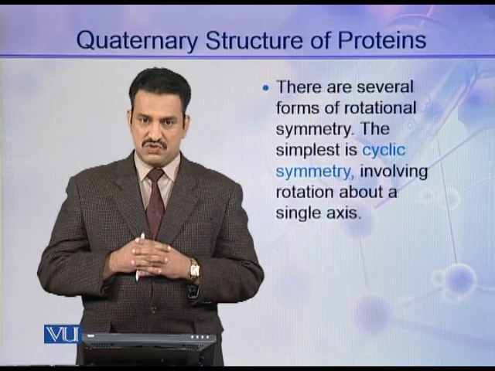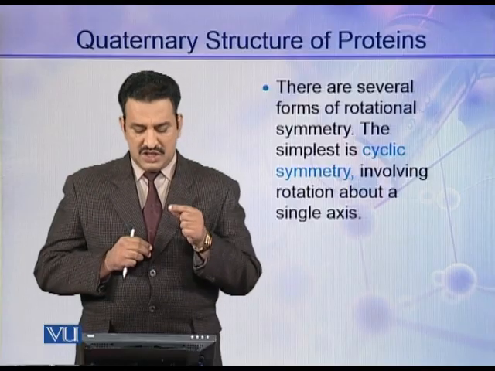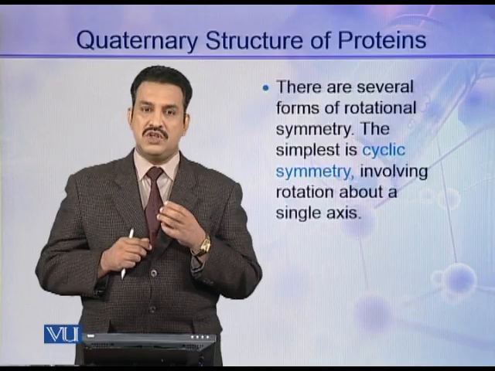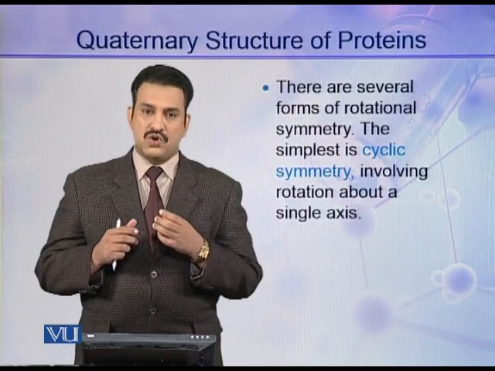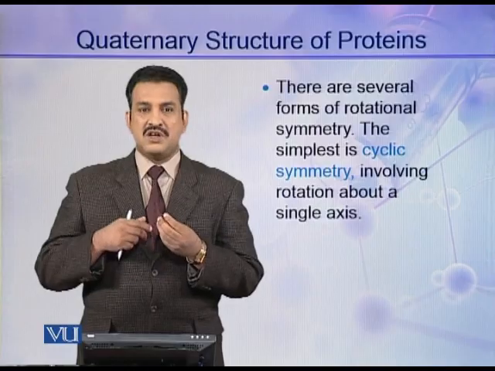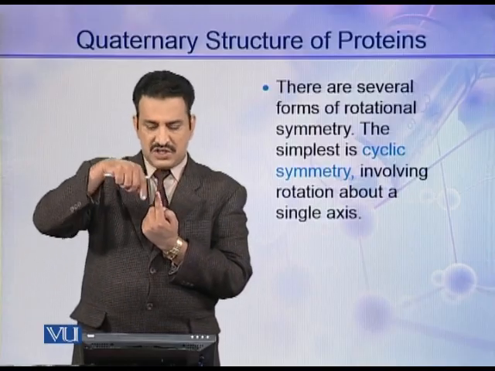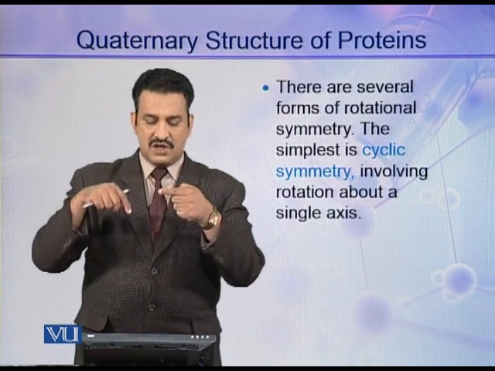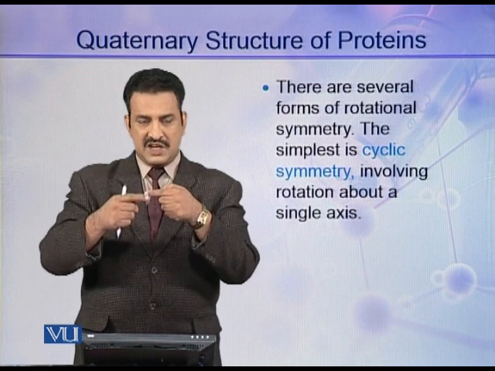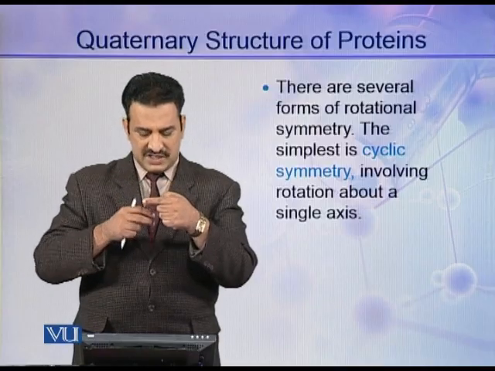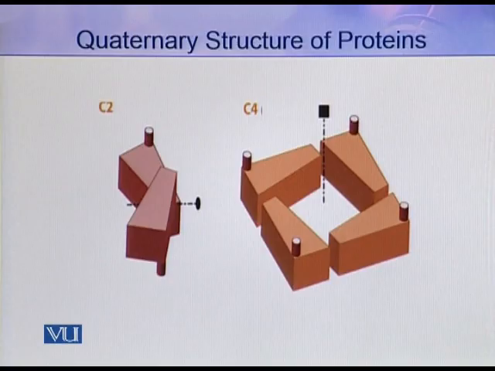In the cyclic symmetry, there is a single axis of rotation. That means the oligomers or the protomers rotate around a single axis. This may be the rotational axis and the protomers are arranged around this axis. Here you can see clearly, in this picture, there are 2 protomers.